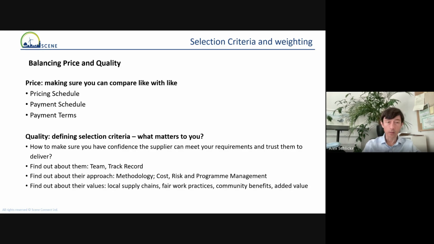So you need to think through the payment schedule, and also the payment terms can be quite important for a community entity which doesn't have its own funds in place. You might, as an entity, be dependent on the funder, and therefore you get an invoice from a supplier. You then have to process a claim to the funder.